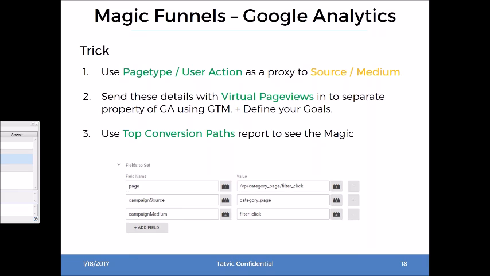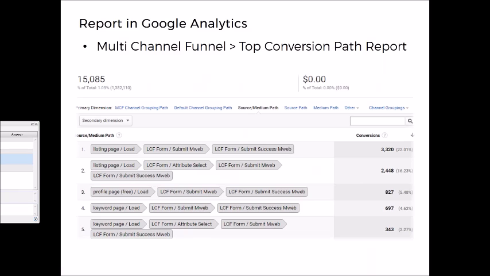So when Google Analytics receives this data, it cannot differentiate and understand that these are not actual source mediums, but these are page type and user action, and it creates this report for you in Google Analytics. So if you just go to the multi-channel funnel report and top conversion paths, you will actually get all of the user journeys based on the user actions rather than the different source mediums. I hope this is clear.